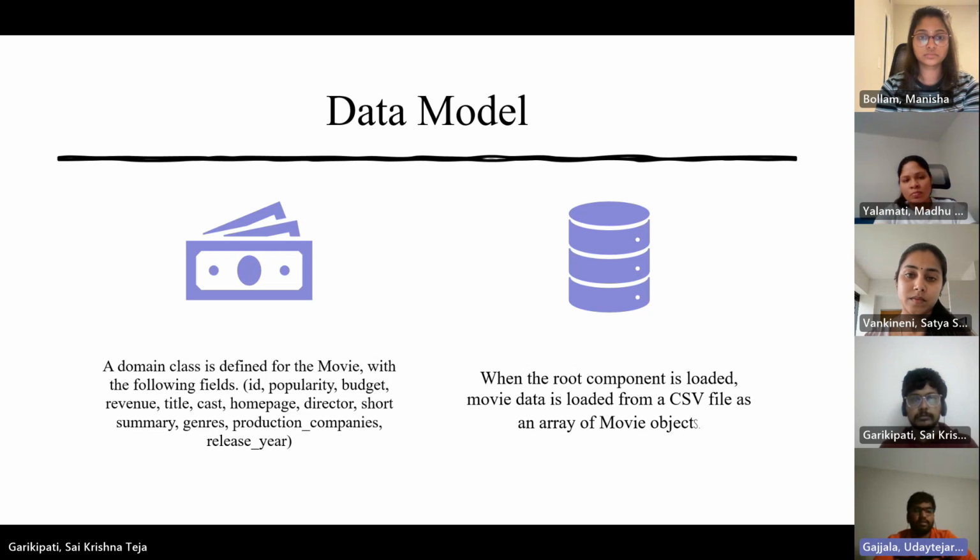If you see the domain class, we have defined the movie for this page with the following attributes: popularity of the film that it has gained over the period, the budget of the movie that has been involved with the film, the revenue that has been collected, and other sub attributes like title, cast, and the director of the particular film, the genre and summary of the film, the release year, and the production companies that are involved with the particular film.